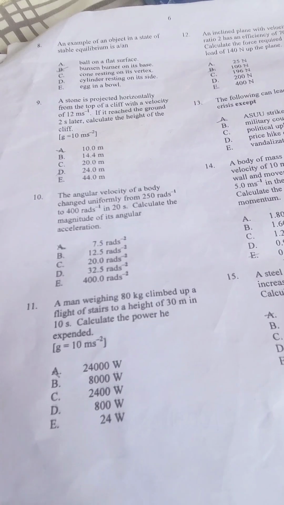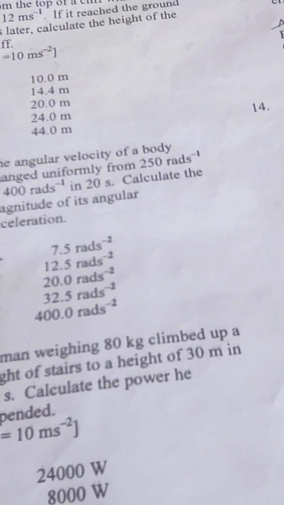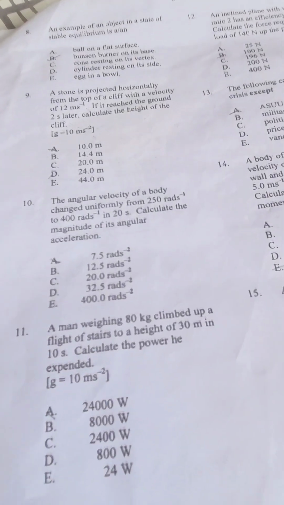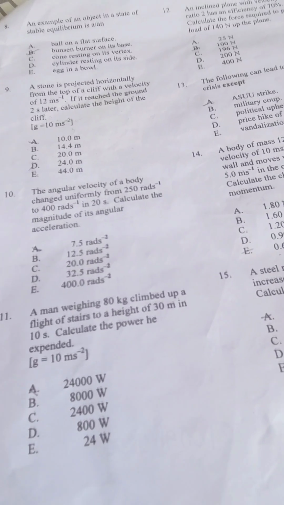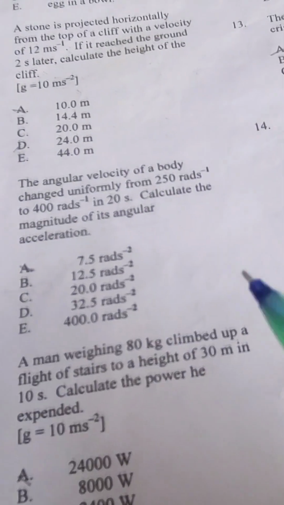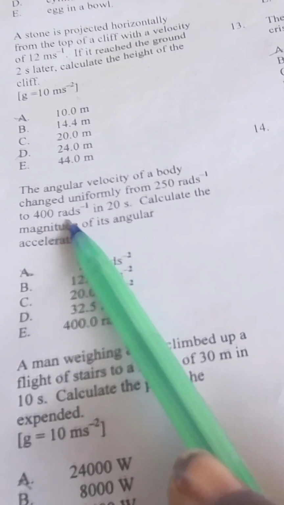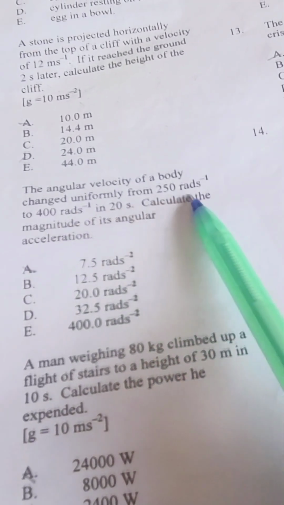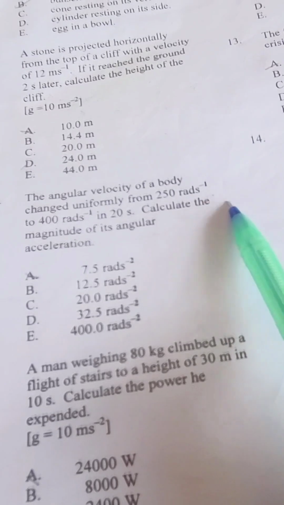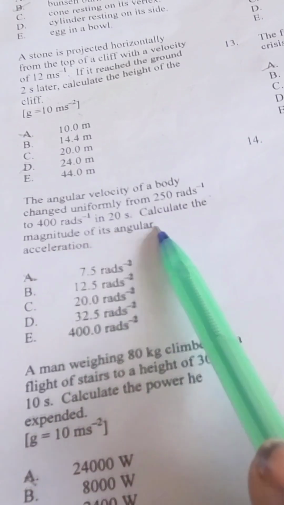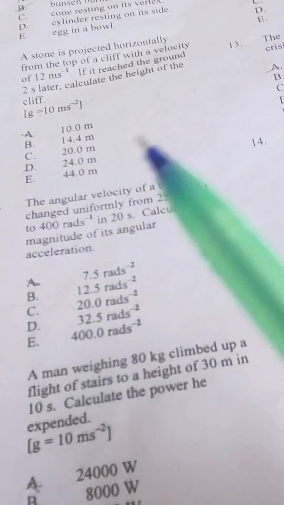Okay, so in number 10, we saw the angular velocity of a body changes uniformly from 250 rad to 400 rad in 20 seconds. Calculate the magnitude of its angular acceleration.